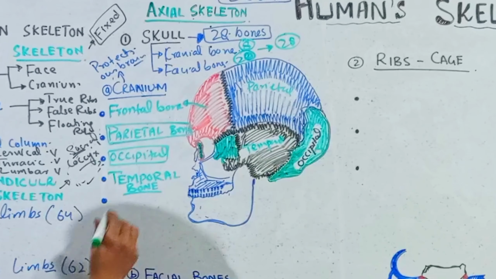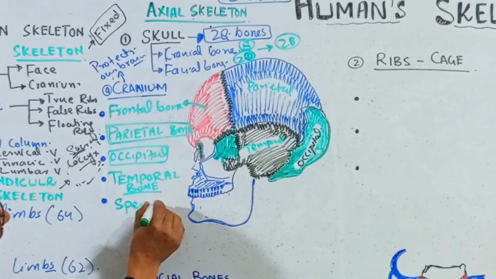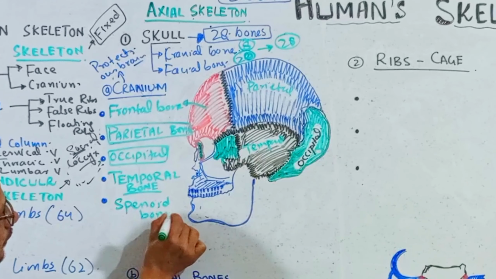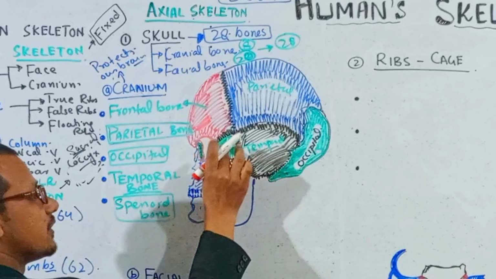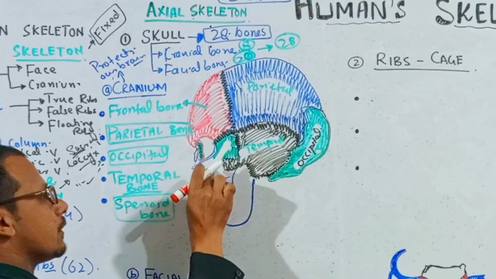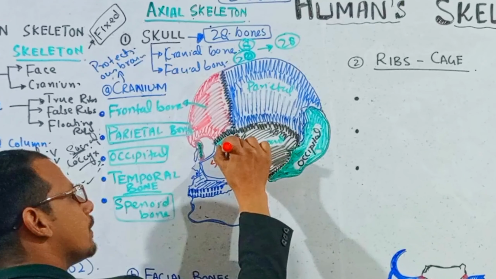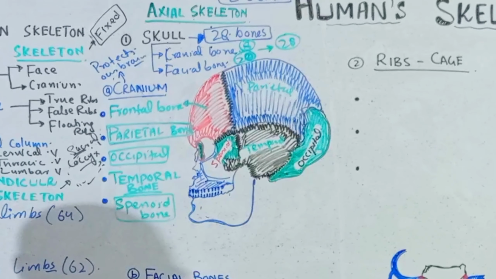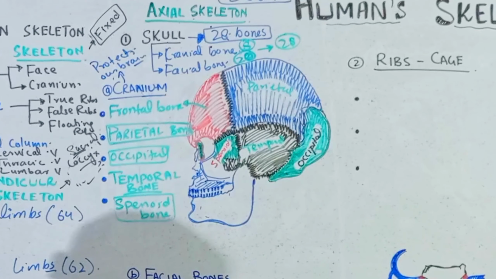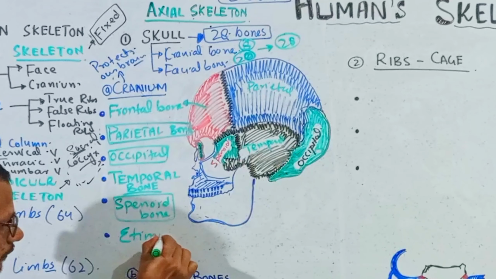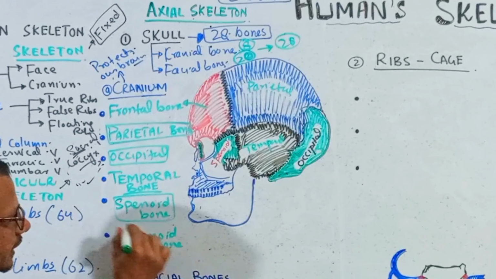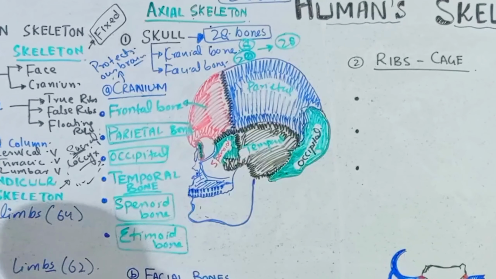The next is the sphenoid bone. This green bone is the sphenoid bone. And the last one here is the ethmoid bone, which makes the base of the roof of the orbitals.